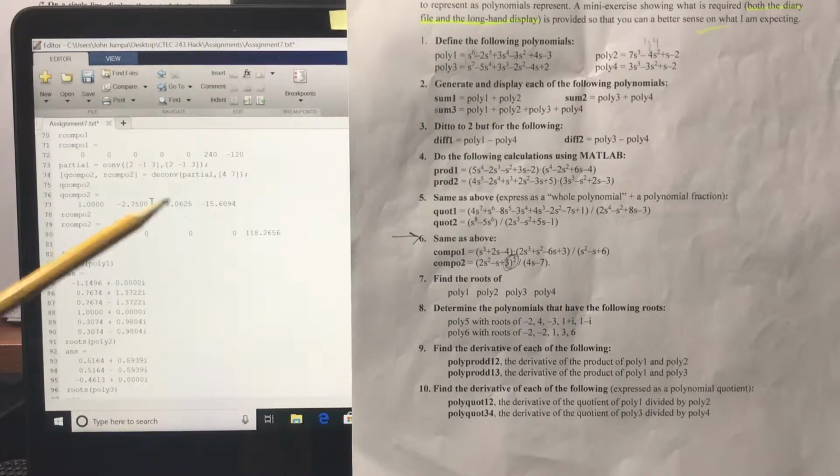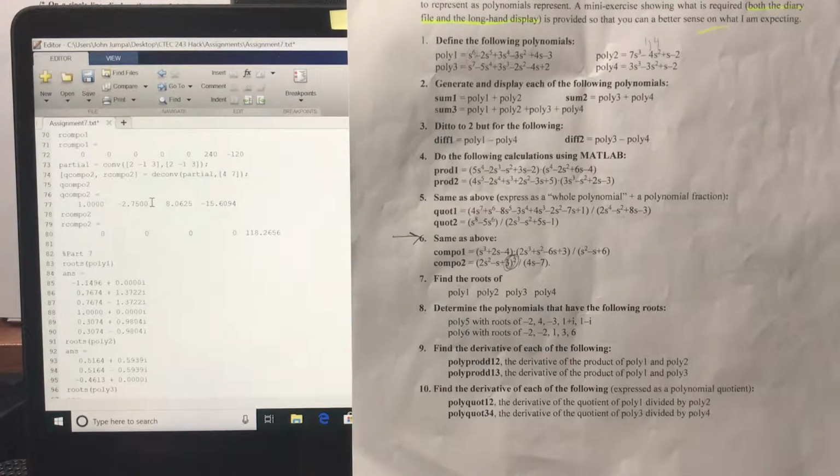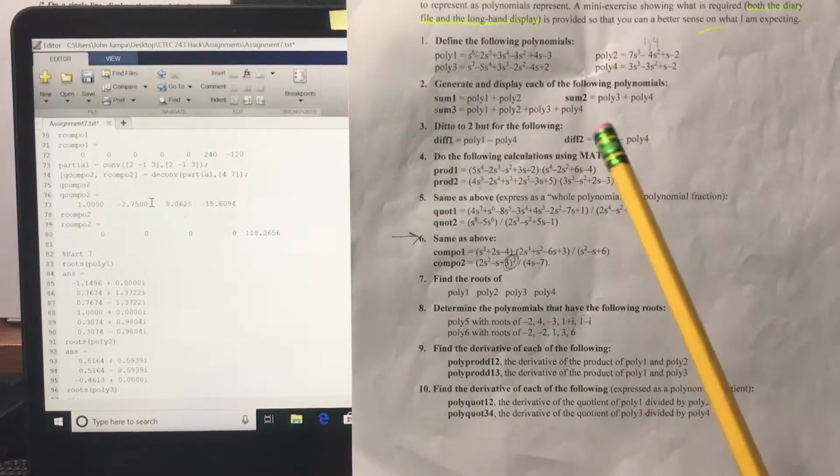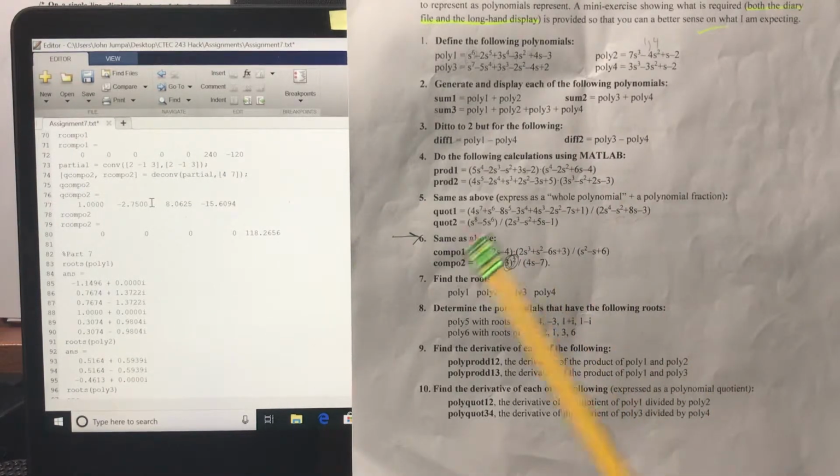And let's see if I did the same thing for the other one. Multiplication. So you have to square it. Yep. So partial 2 minus 1 3, 2 minus 1 3. Okay, put it in, and then you get for the division 4 and 7.